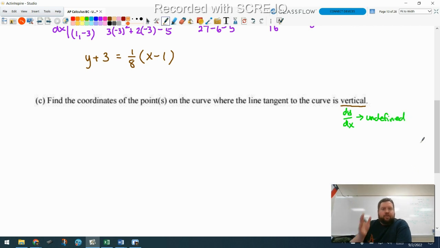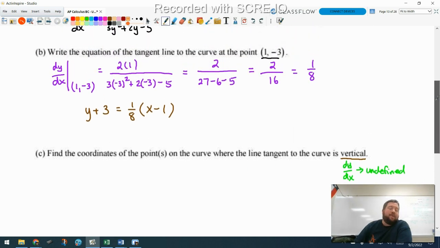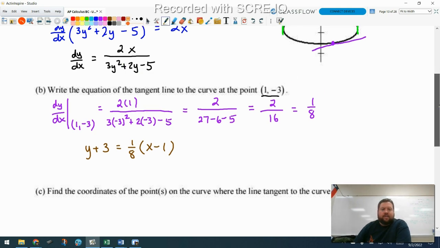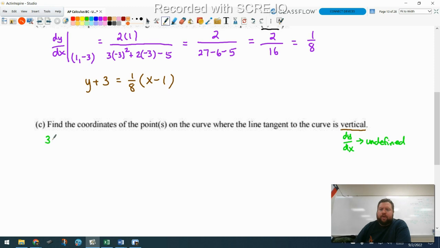To get a vertical slope, you have an undefined slope. That means the denominator of our slope would be equal to 0. That's how you get an undefined. So we're going to take the denominator of our slope, 3y squared plus 2y minus 5, and set that equal to 0.